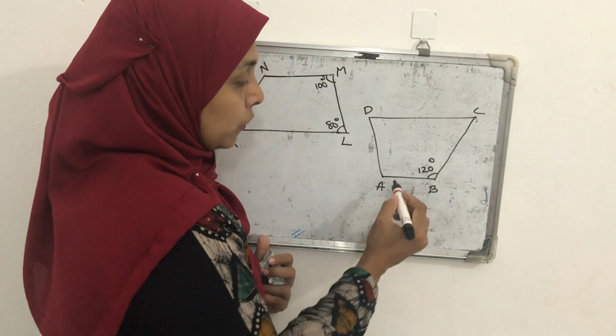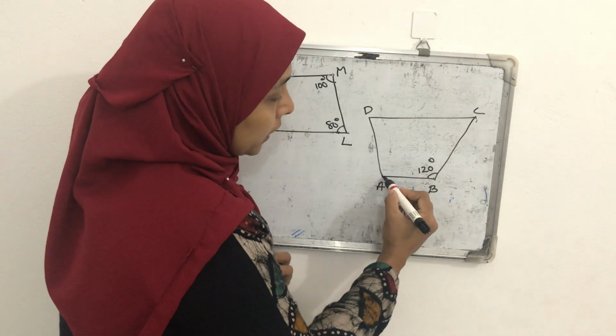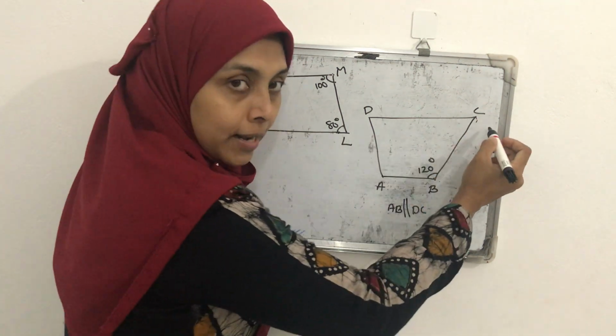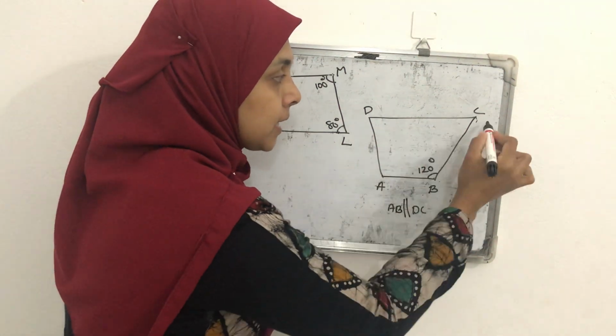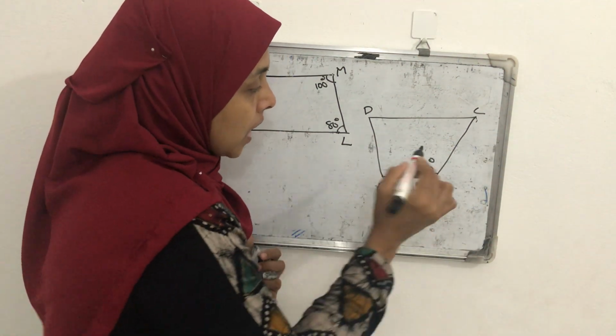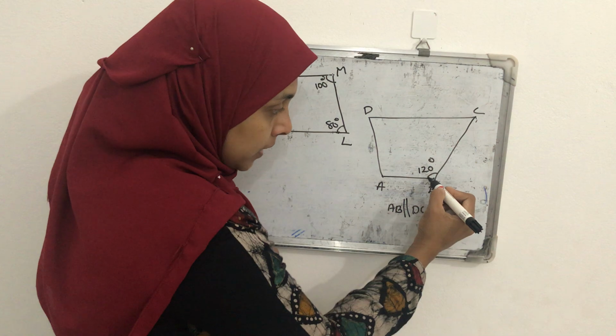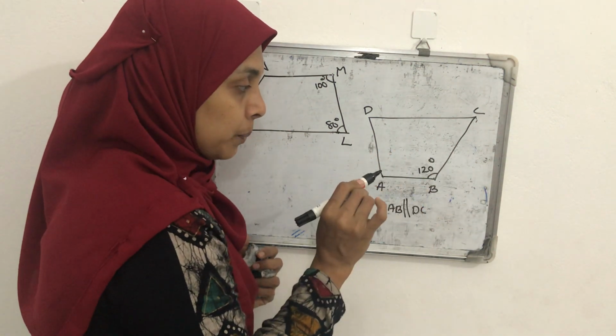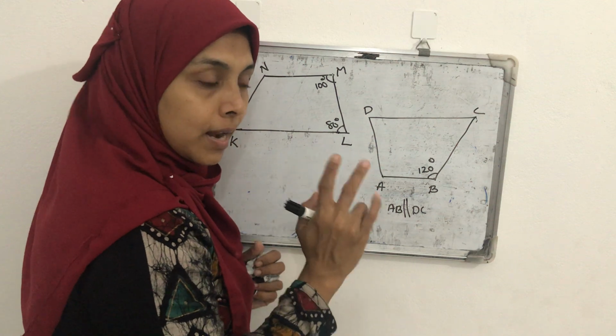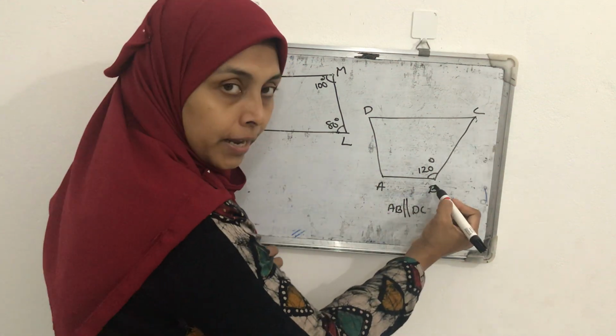Here also we can use the same property. AB and DC are parallel, that is given, and this angle is given as 120 degrees. So we can use the properties of two parallel lines cut by a transversal line.